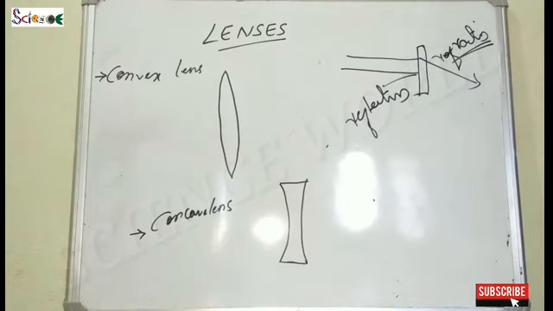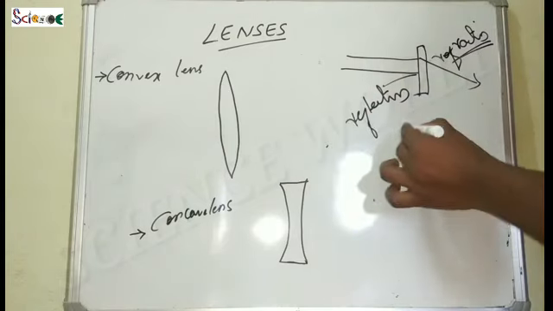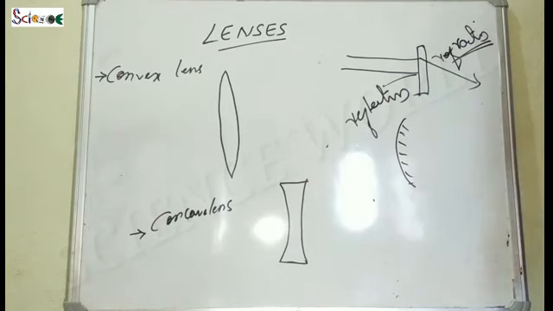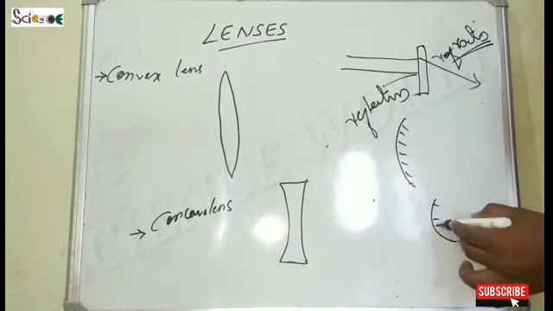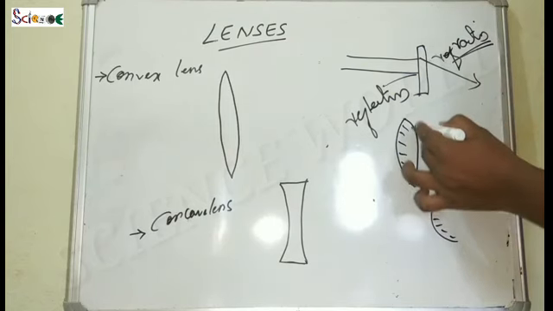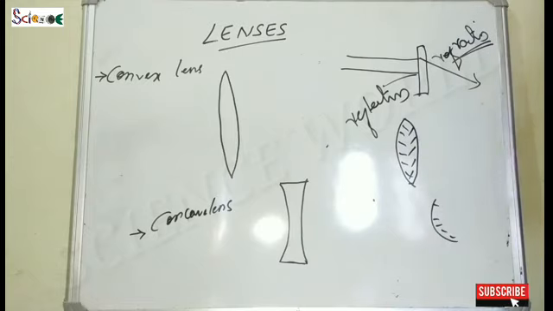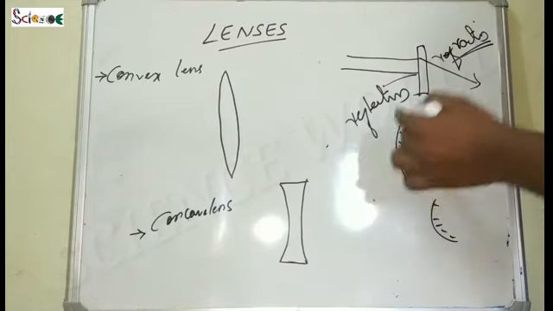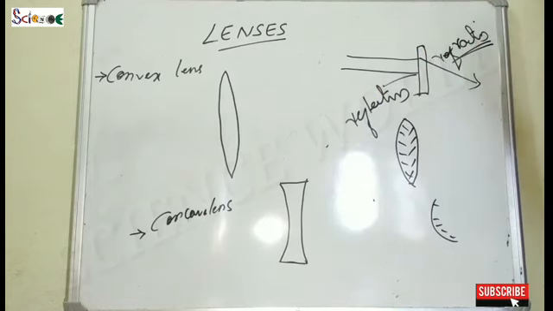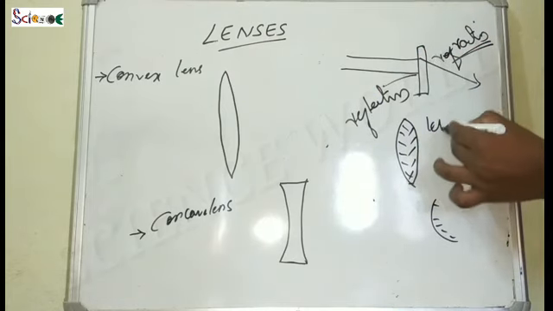Okay, so let's see how a convex lens is made. Take one convex mirror, as an example; this is the convex mirror, this is the shaded portion. Then I take another convex mirror, invert it and place it in front of the first one, so now it becomes a lens. First it was a convex mirror, now the two mirrors have been attached to each other, and it becomes a lens.